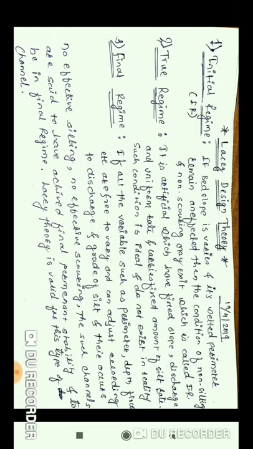Such a channel is said to have achieved final permanent stability. If you see our alluvial channel in permanent stability conditions, this condition is known as the final regime condition, and Lacey's theory is valid for these types of channels. Based on this regime condition, he developed some empirical formulas to design a canal.